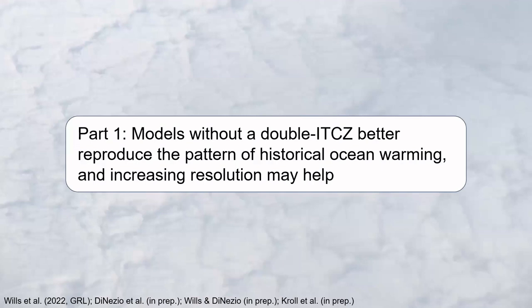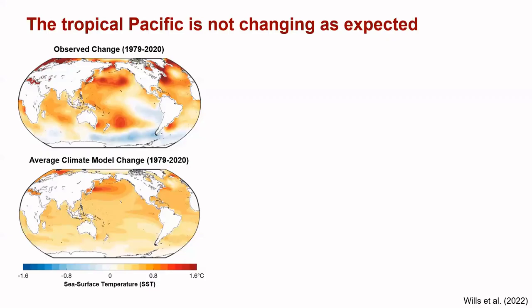So let's start by talking about this SST trend pattern problem and how that double ITZ bias is involved with that. So first, a bit of an introduction on this problem. The tropical Pacific is not changing as expected. You see on the top the observed trends since 1979 through 2020, and then comparison to the average over many climate model ensembles.